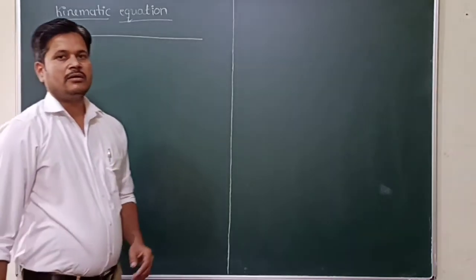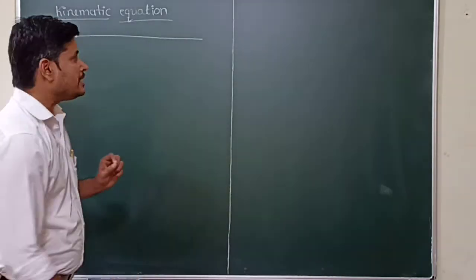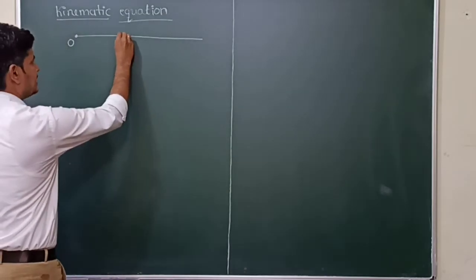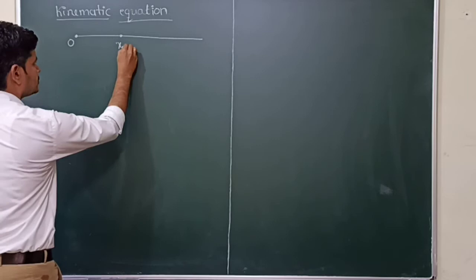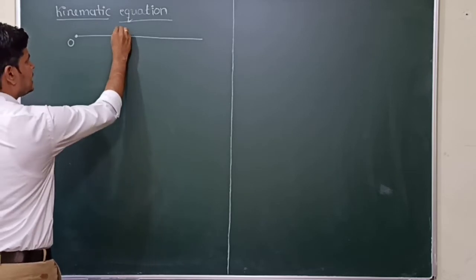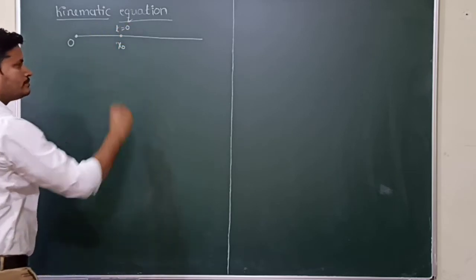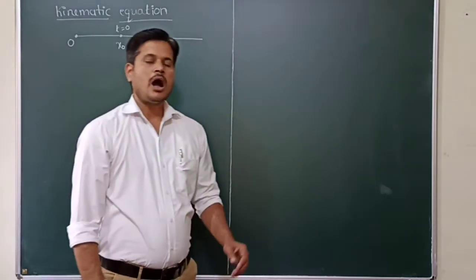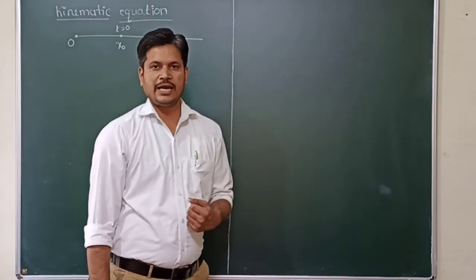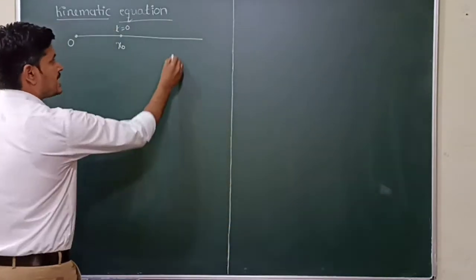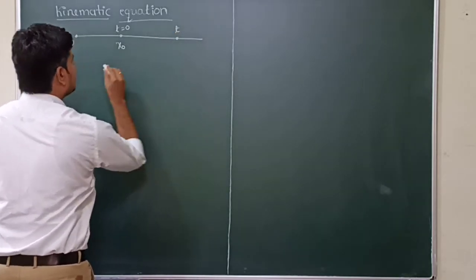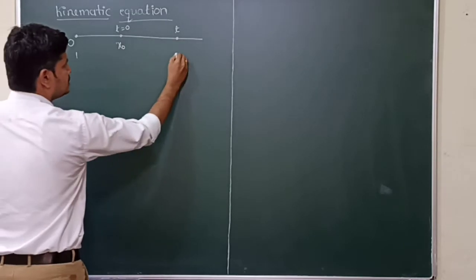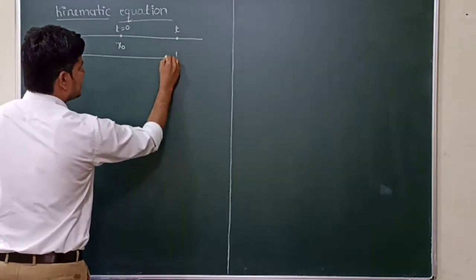The initial position of the particle is here, whose position vector is x naught at t equals 0. After a certain interval of time, the object has traveled to a distance x at time t from the origin, whose position vector is x.